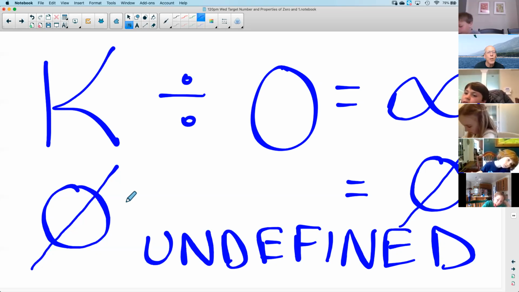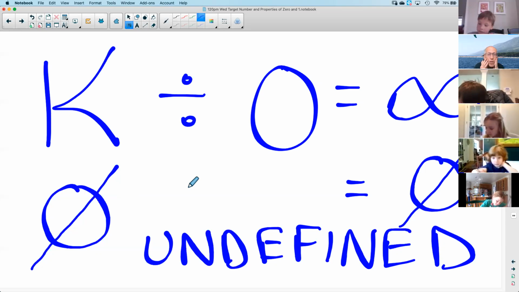When you put it in your calculator after this class, and I hope you do it with your parents, say, Mom and Dad, let's see what happens when you divide a number by 0. So you take a number like 5, you hit divide by 0, and some of your calculators will actually say error. Some of your calculators would say infinity.